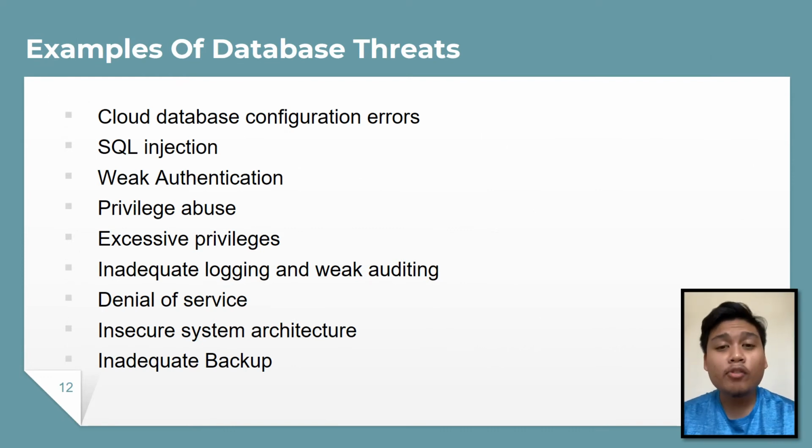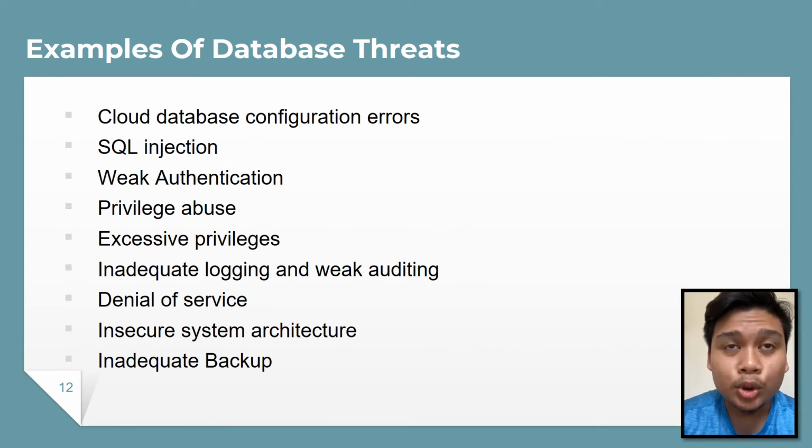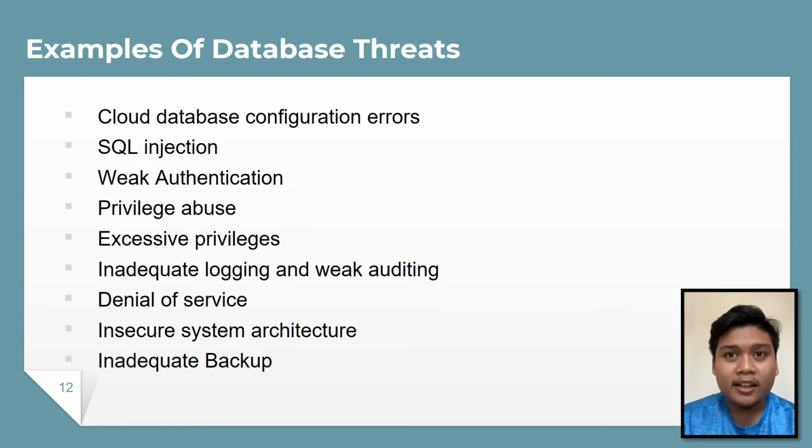So here are a few examples of database threats that we should know, that happen nowadays, such as cloud database misconfiguration errors, SQL injection, weak authentication such as weak passwords, weak PIN numbers, and then privilege abuse, excessive privilege, such as too many privileges being used, inadequate logging and weak auditing, which means that we very seldom log into our account.